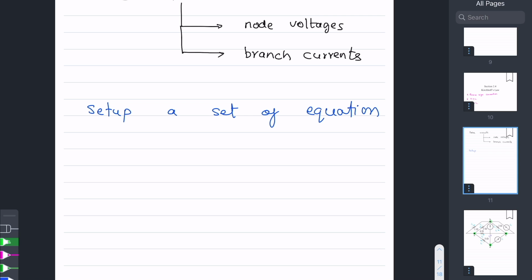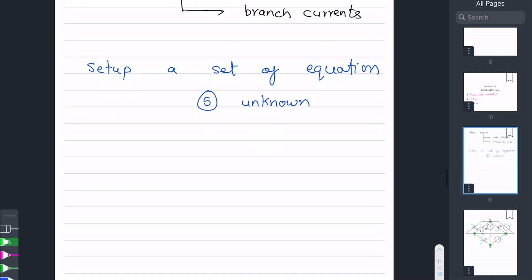If there are 5 unknowns or 5 branch currents that we don't know, we set up 5 equations. These 5 equations we can solve simultaneously. If there are 5 unknowns, from algebra we know we need 5 equations. So we use KCL and KVL to set up those equations and solve them.